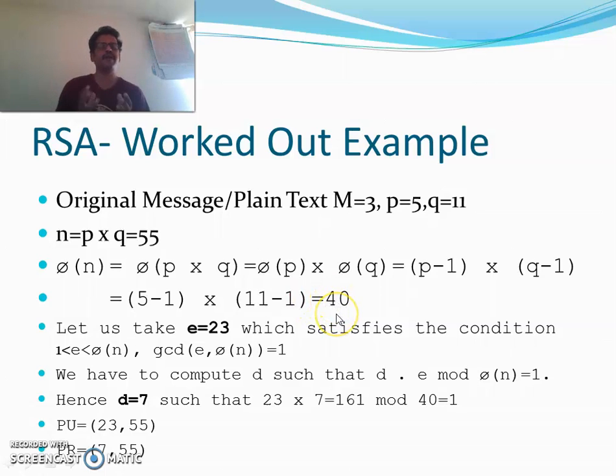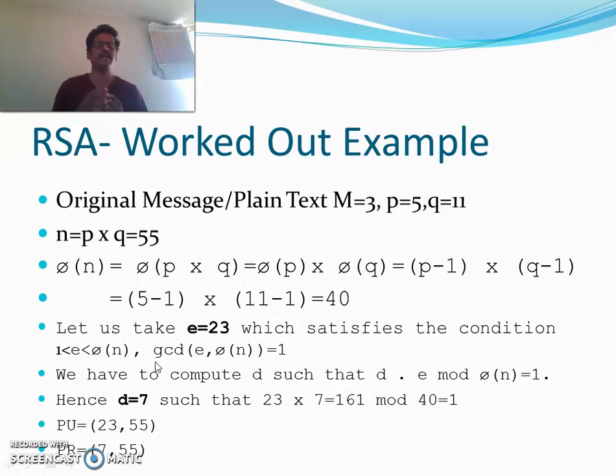Now we need to choose the encryption key such that it lies between 1 and 40. So we are taking the encryption key as 23 here, and GCD of 23 comma 40 is also equal to 1. Then we find the decryption key using the concept of a multiplicative inverse.